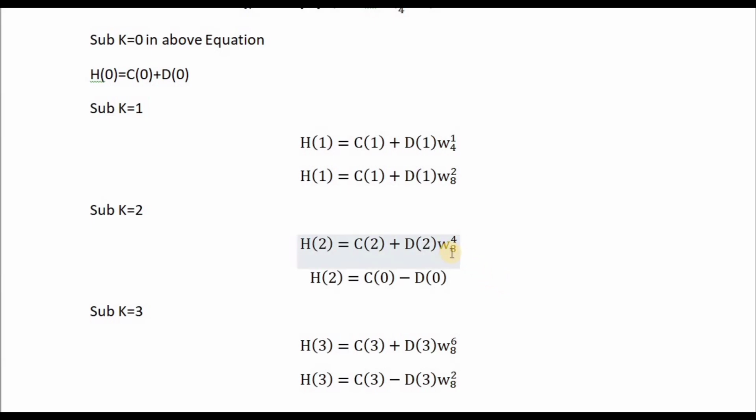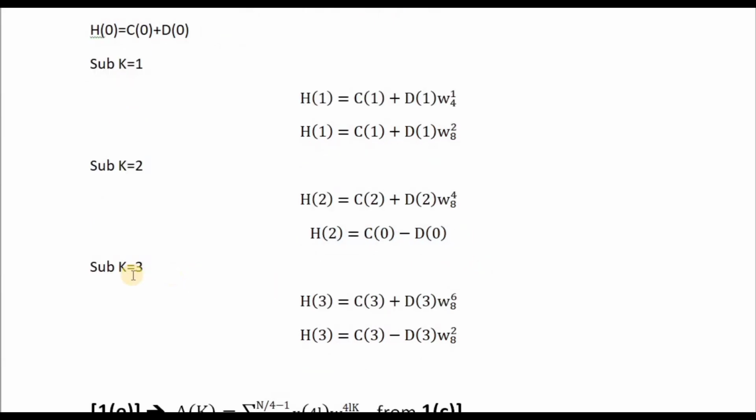Okay, the W8 of anything above 0 is 1. So similarly, if I substitute K is equal to 3, you should not follow the first equation, you have to follow the second equation. So this is 1, right? This is 1, and this is minus. So this becomes 1. Okay.